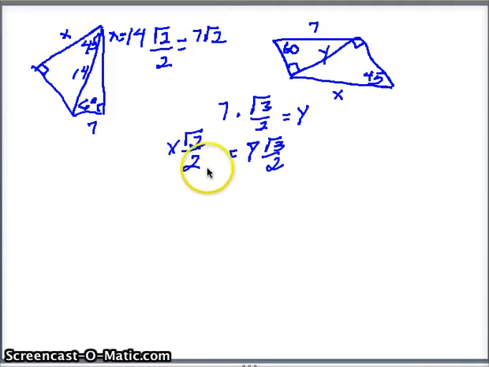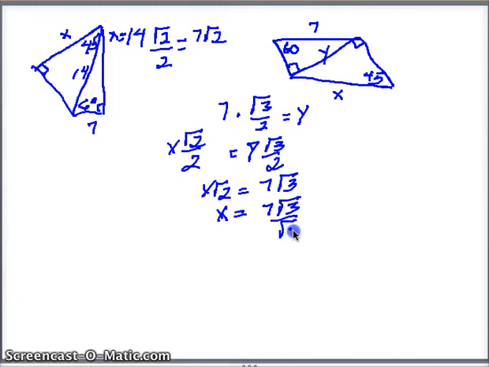Now, we know that both sides are divided by 2, so if I multiply both sides by 2, I will end up with x times the square root of 2 equals 7 square root of 3. And now I just divide both sides by the square root of 2. I'll end up with x equals 7 square root of 3 over the square root of 2.